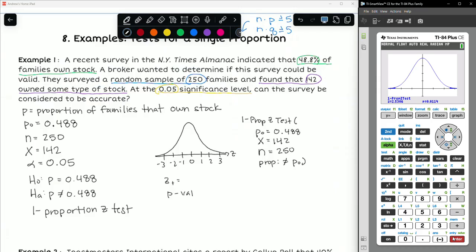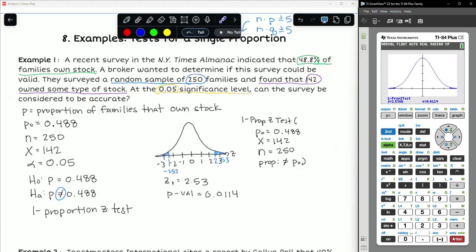So our calculator is giving us a test statistic of 2.53, rounded to 2 decimal places because it's a z-score, and a p-value of 0.0114. And you will notice that even though we're given a positive test statistic, I don't just see a marker here at positive 2.53, I see one here at negative 2.53, and both of those tails are shaded in, and that has to do with the fact that this could be different in either direction.